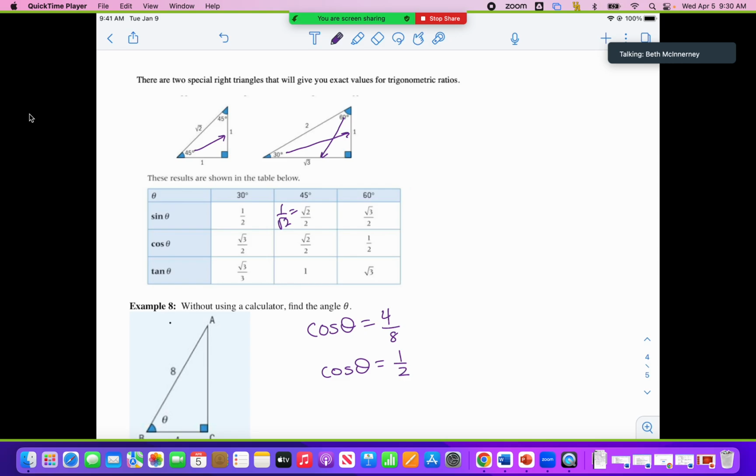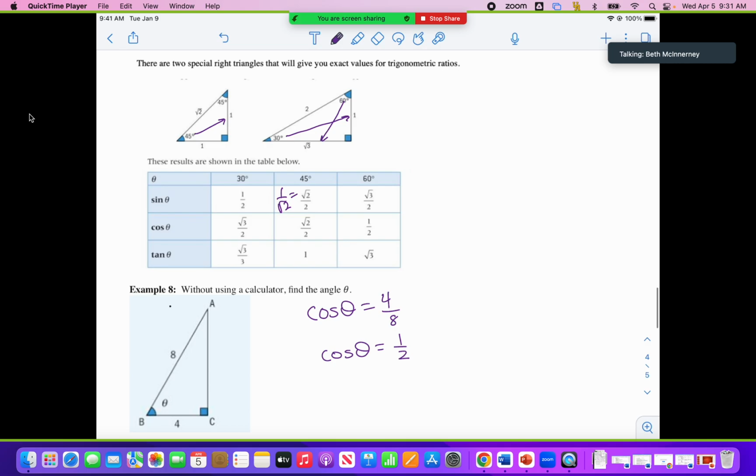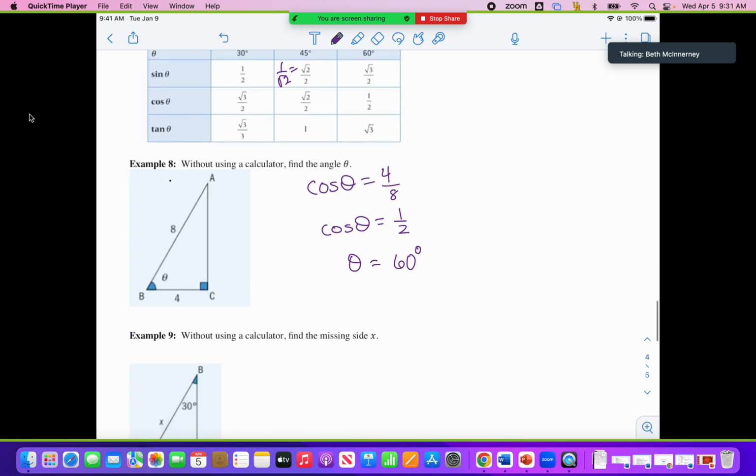And the unit circle is foundationally based on the two special right triangles. So if you look at the chart above, what angle, when I do cosine of it, gives us 1/2? 60 degrees, right? It's 60 degrees.